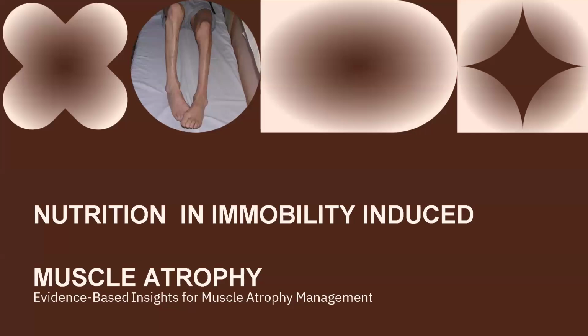We've seen her before doing a presentation on other subjects, and we'd want her to enlighten us on this particular topic of immobility-induced muscle atrophy, so that perhaps we can better our knowledge in terms of how we should manage these particular patients when it comes to nutrition.